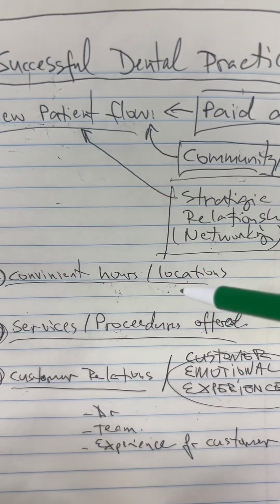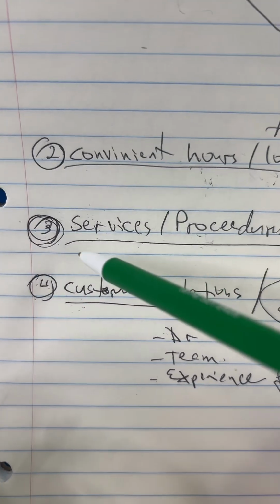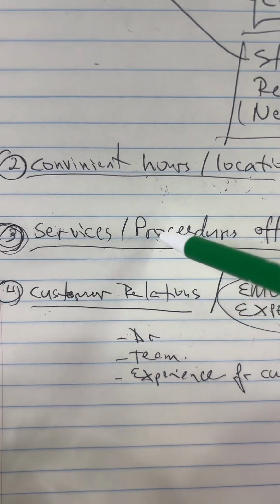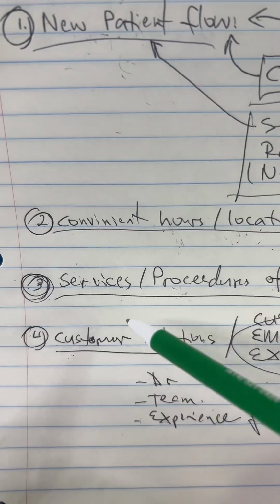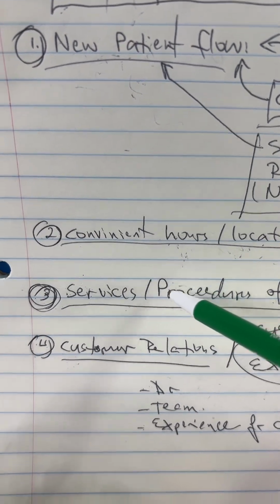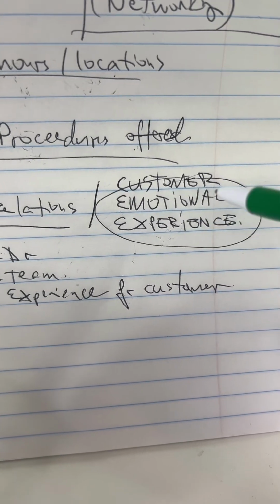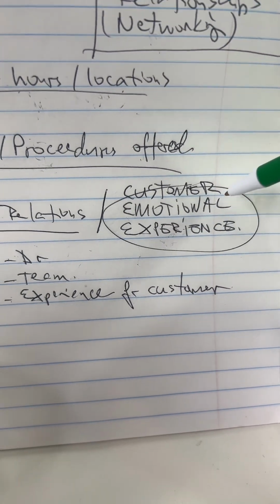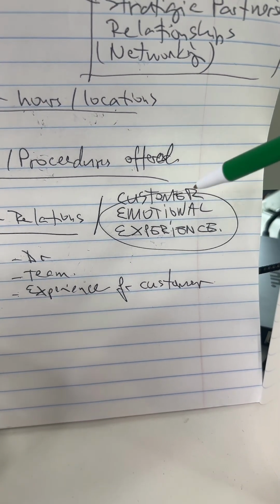And the other thing that I see oftentimes is that doctors really limit themselves on the procedures that they do. They don't have a lot of new patients. They only offer a few procedures, which results in very low revenues as well. And the third thing that I oftentimes see as a problem is the emotional experience that your patients have in the practice. That needs to be really good.